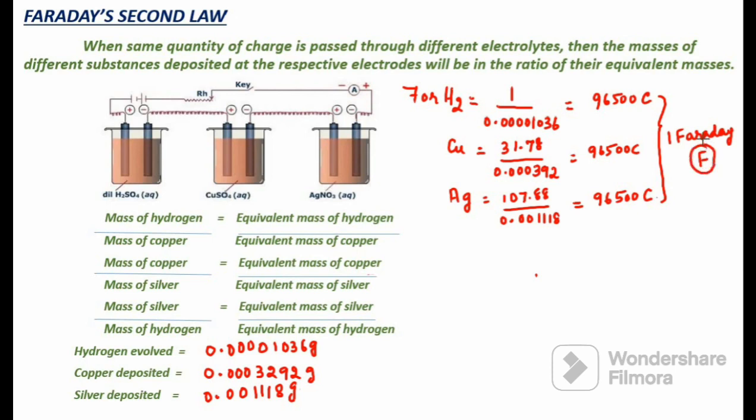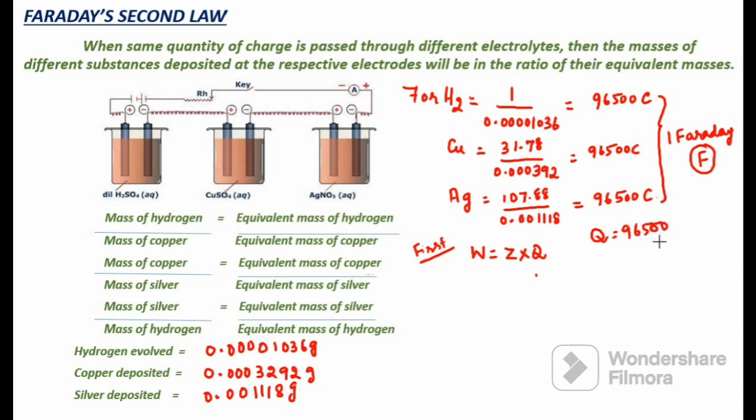Okay. Capital F. So again, according to Faraday's first law, W is equal to Z into Q, where Q is nothing but 1 Faraday, that is 96,500.